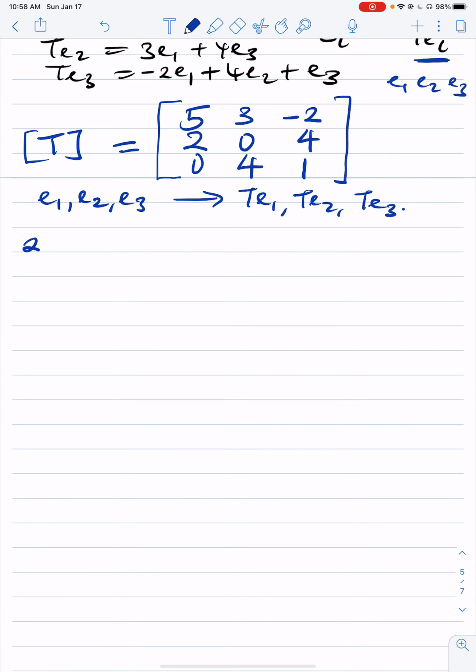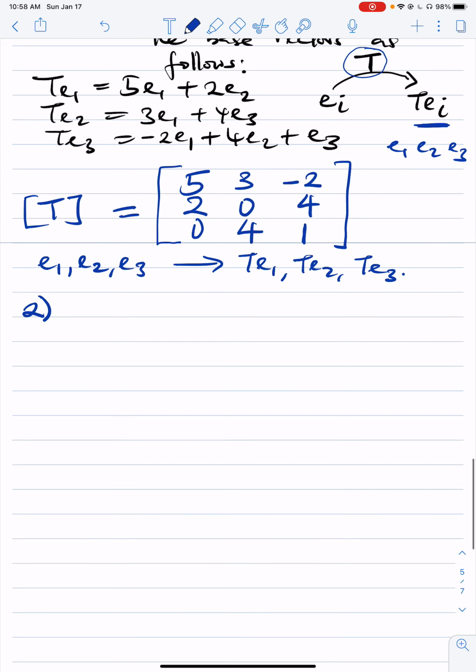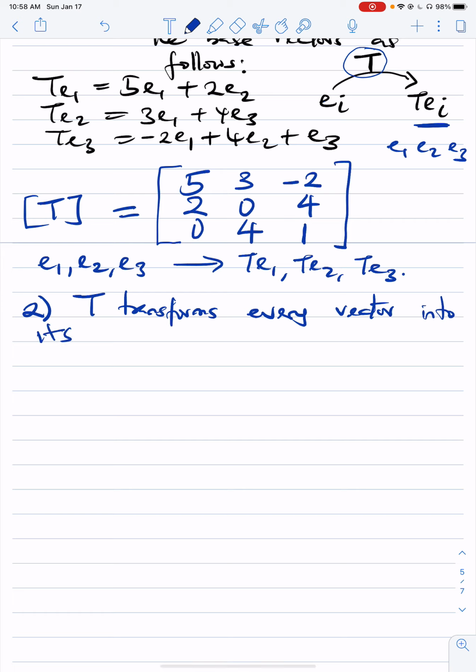So let's see a second example. T transforms every vector into its mirror image with respect to a fixed plane.